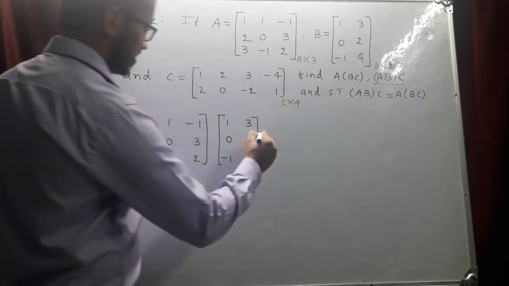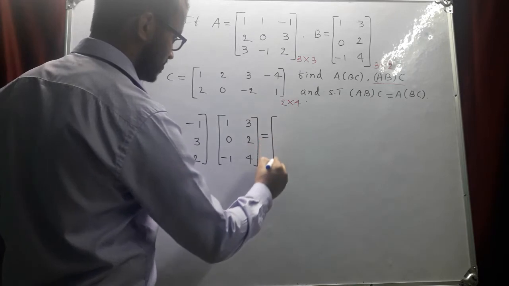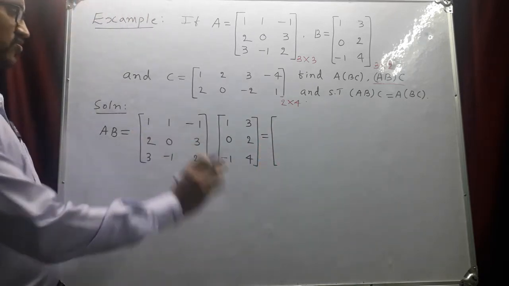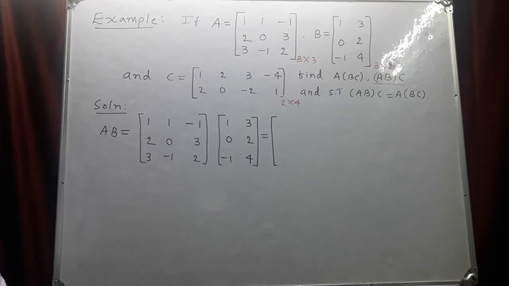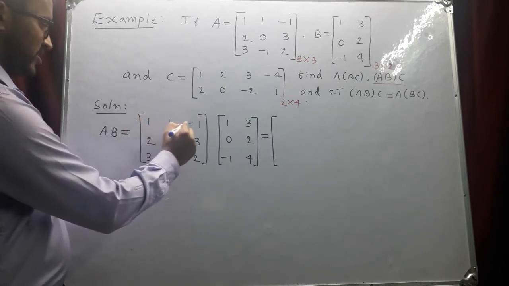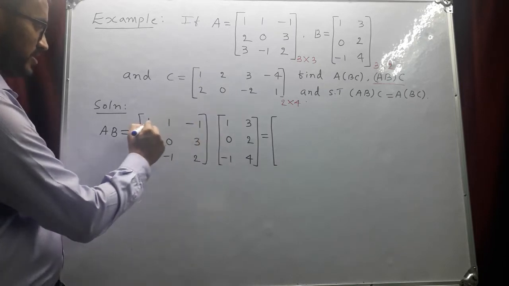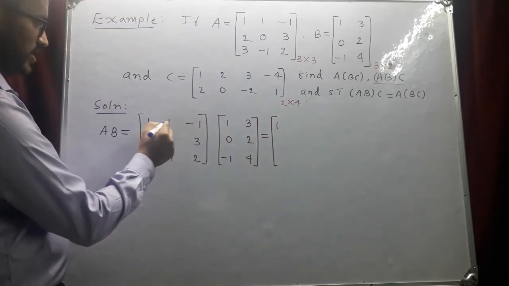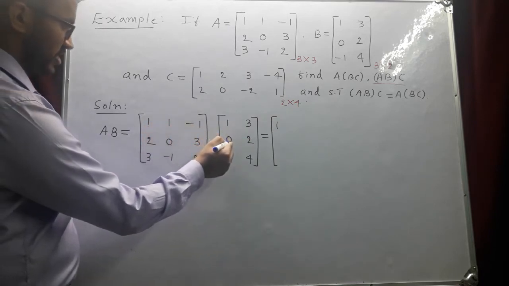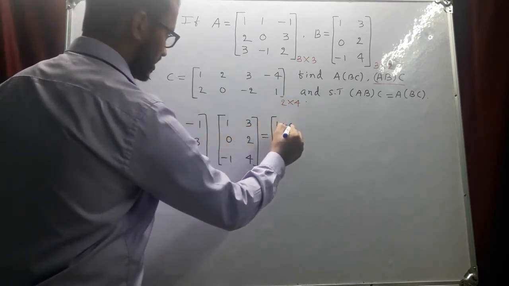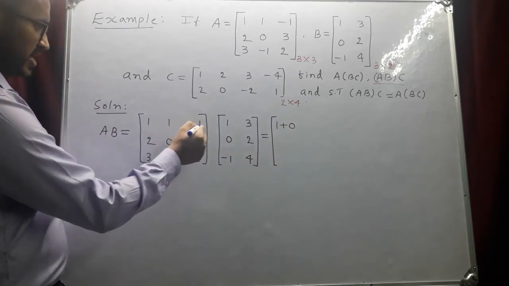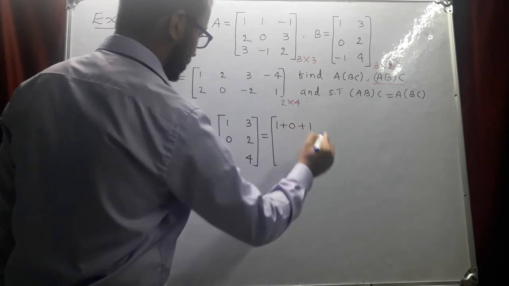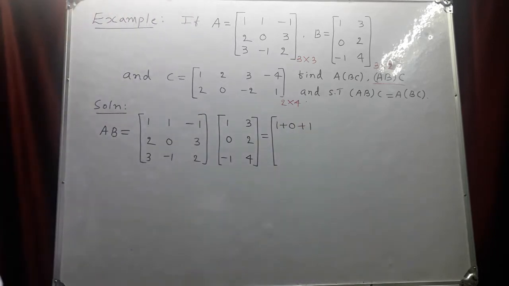Now let us find the product. As we have seen how to find the product of two matrices, first we have to multiply the first row with the first column, that is 1 into 1, we get 1, plus 1 into 0, that is 0, minus 1 into minus 1, that is plus 1. So this is the first element.